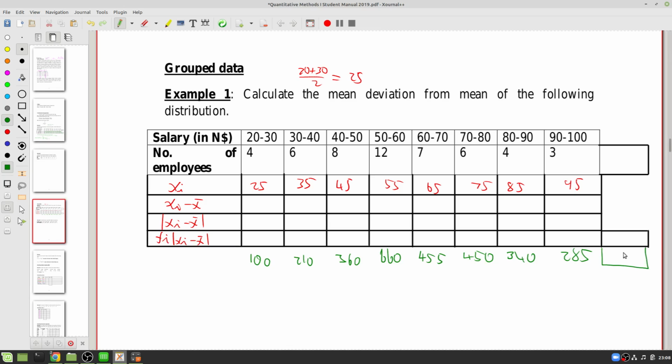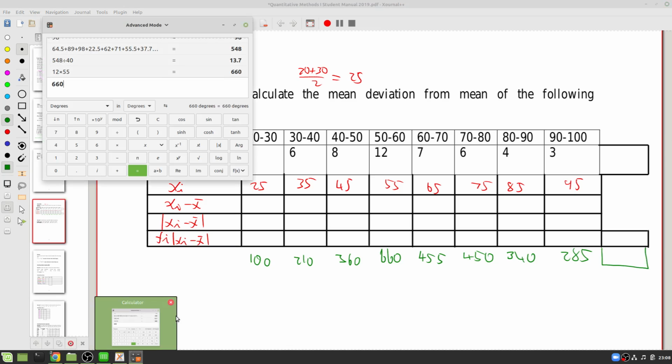Let's do a column here for that. And I'm going to do this one on the calculator this time. So 100 plus 210 plus 360 plus 660 plus 455 plus 450 plus 340 plus 285. So 2860.